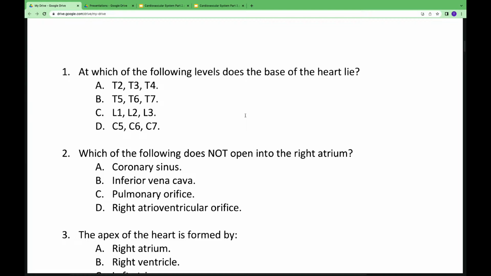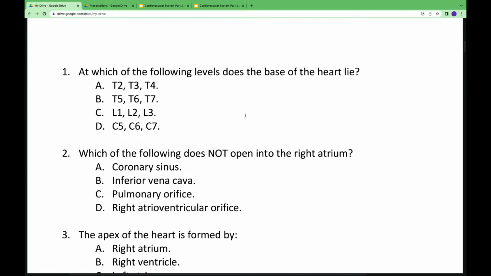What is the function of the coronary sinus? Okay, so the coronary sinus we can describe as a major coronary vein located in the section of the heart. It is the one in the right atrium, right?